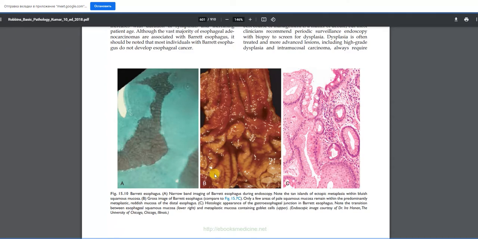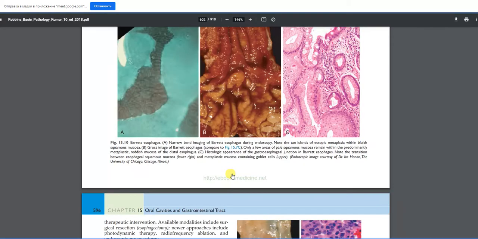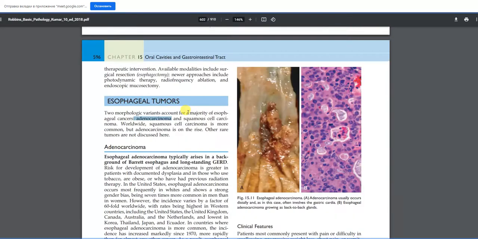Okay, one minute. So here we have an image of endoscopy. Here you see most commonly adenocarcinoma in the distal portion of the esophagus. And when it grows, which clinical issues are there? Of course, the same features as in Barrett's esophagus.